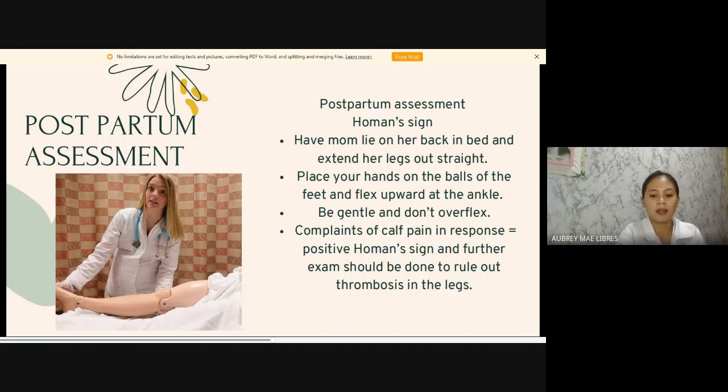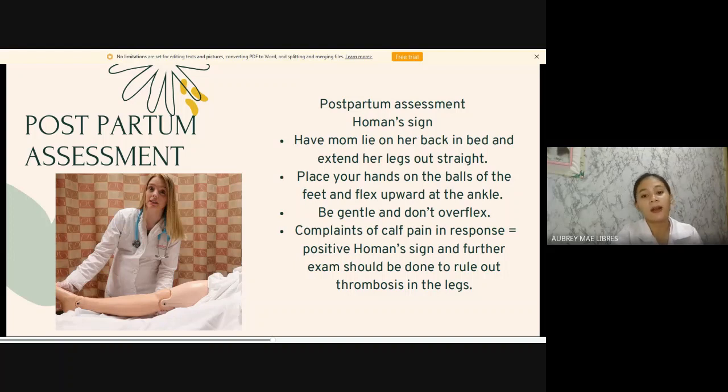In performing the Homans sign, it is most commonly performed with the mom in a supine position while lying in the bed. Have the mom lie on her back in bed and extend her legs out straight. Then place your hands on the balls of the feet and flex upward at the ankle. Be gentle and don't overflex.